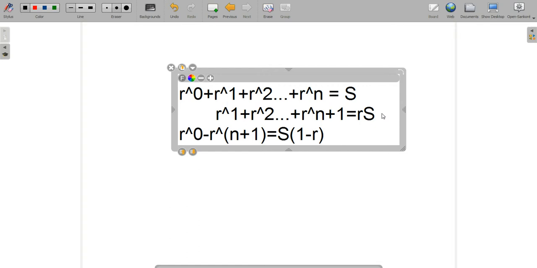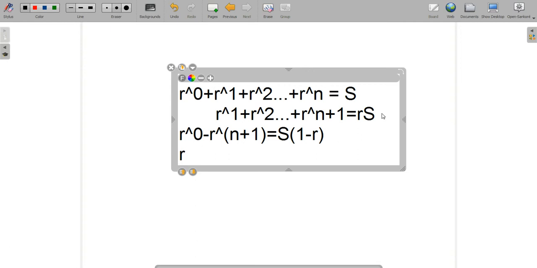So then you can have r raised to the 0 minus r raised to the n plus 1, and you could divide all of this by 1 minus r.